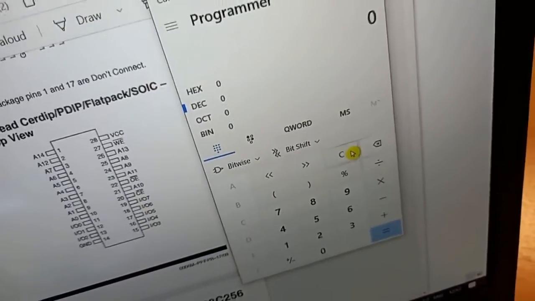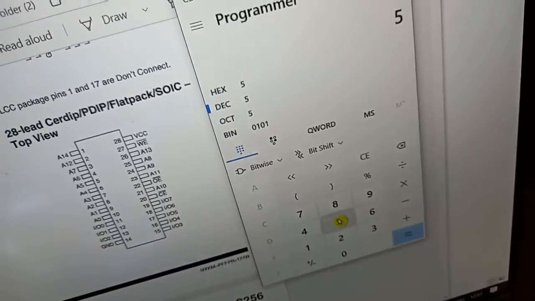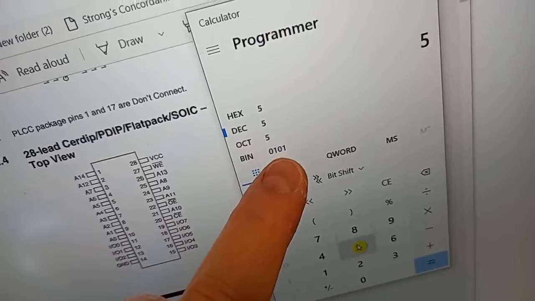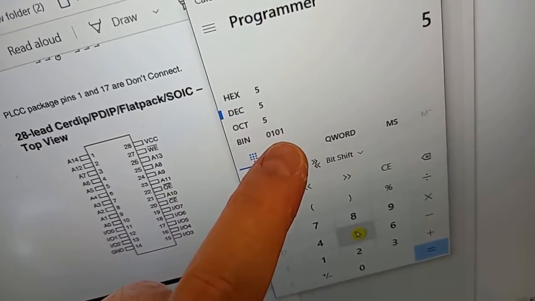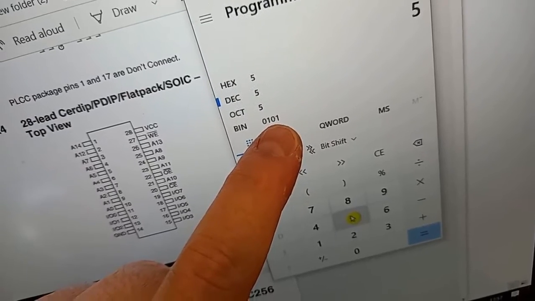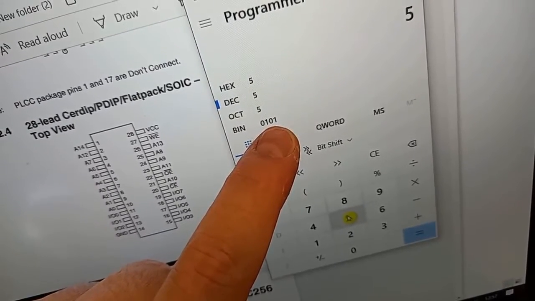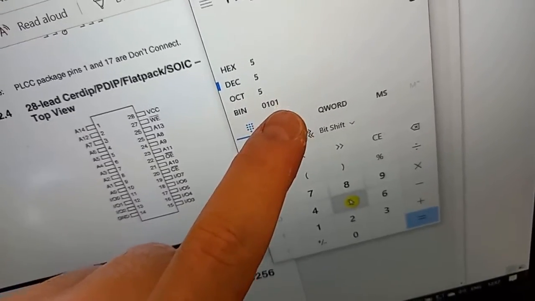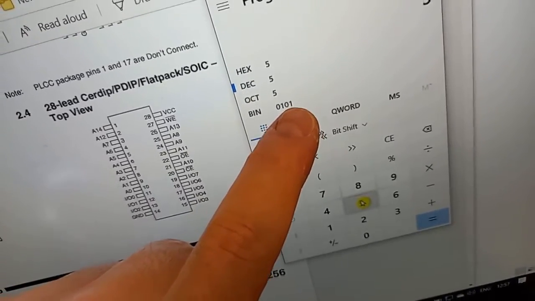If we want 5 bytes, we need only 3 legs to change from 1 to 0 and from 0 to 1. So we need to work only with 3 legs.